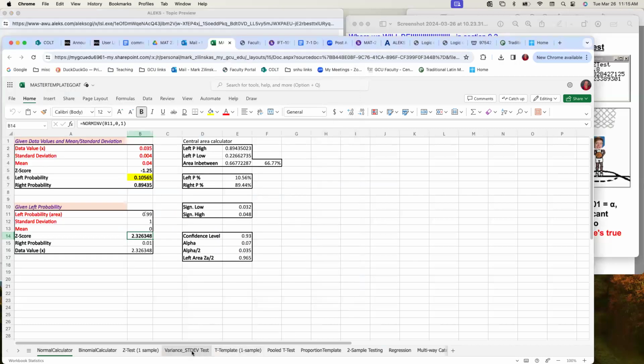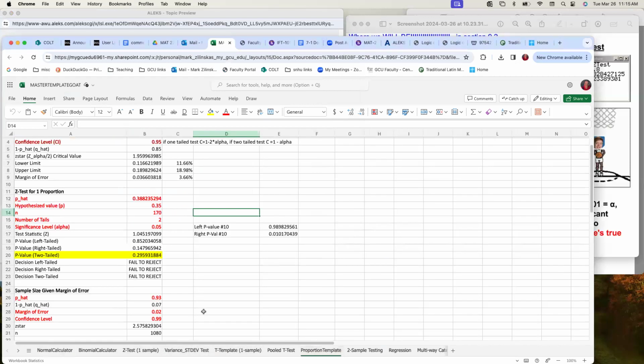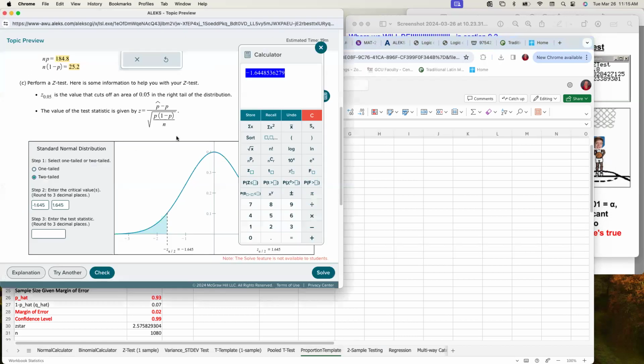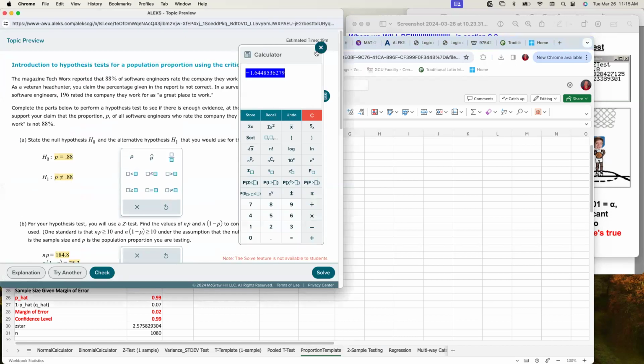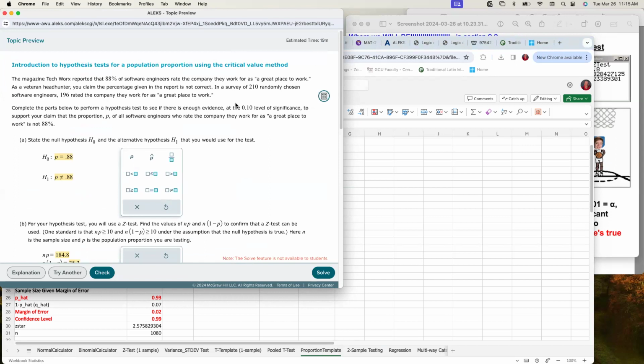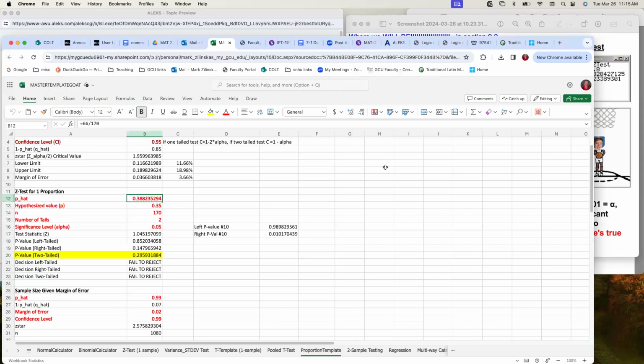So that would probably be easiest if I go ahead to the proportion template. And if I just go ahead here and substitute in my P hat, which again was, remember here, 196 out of 210.